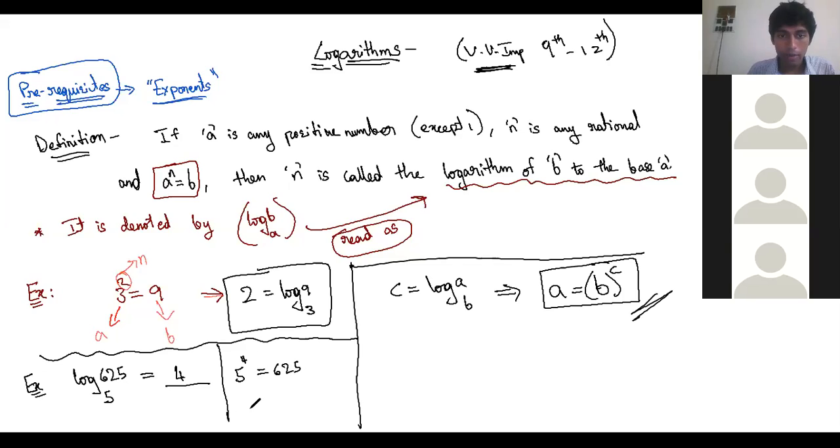How do you know that? Because 5 power 4 can be written as 5 square whole square, and 5 square is nothing but 25, so 25 whole square is 625. So if 5 power 4 is equal to 625, then can I say that log 625 to the base 5 is 4?